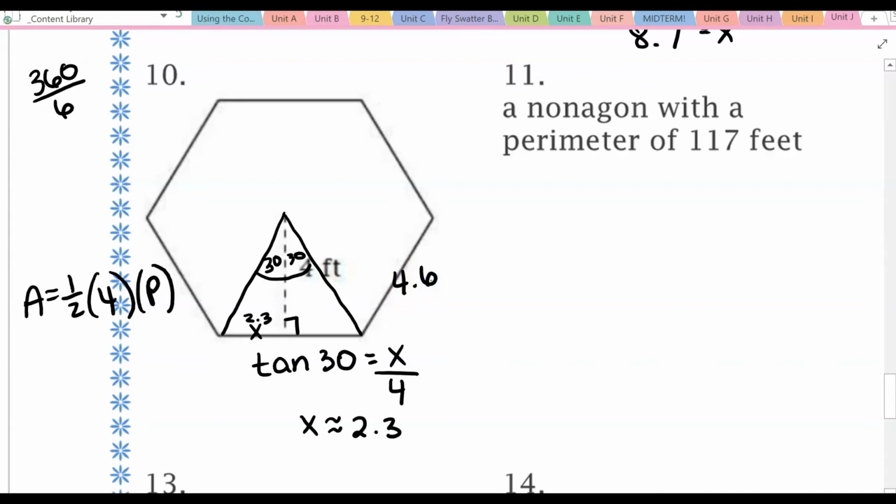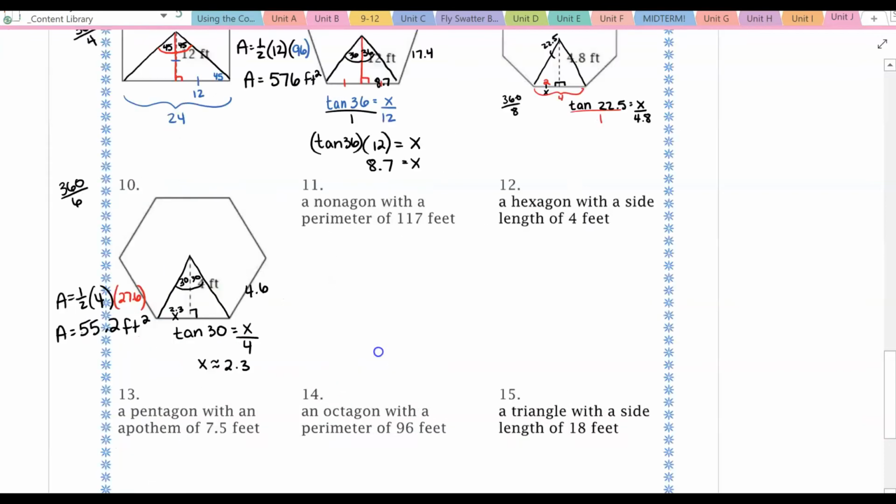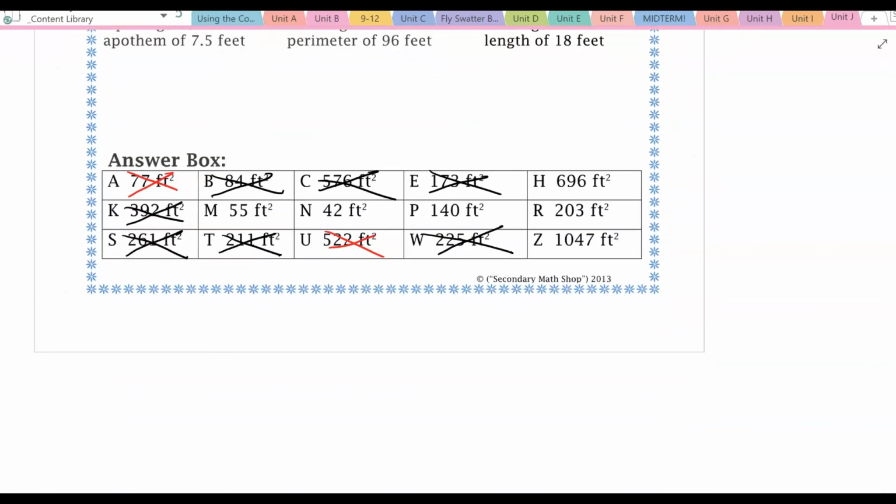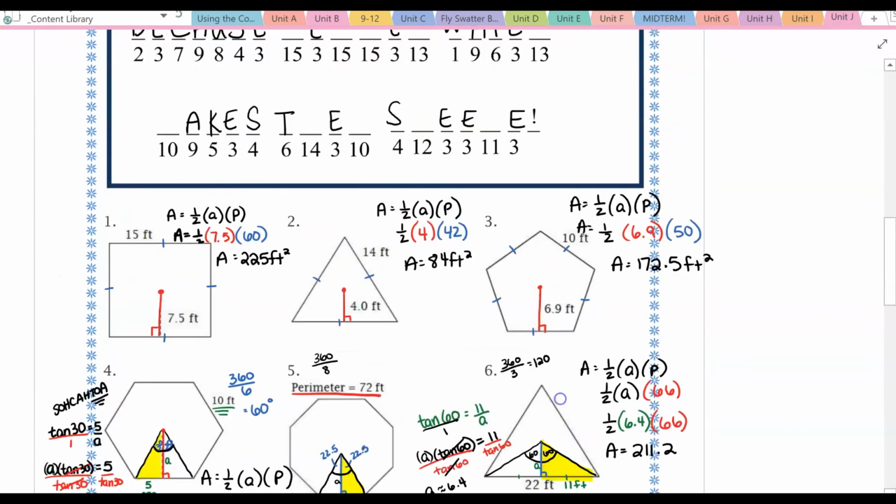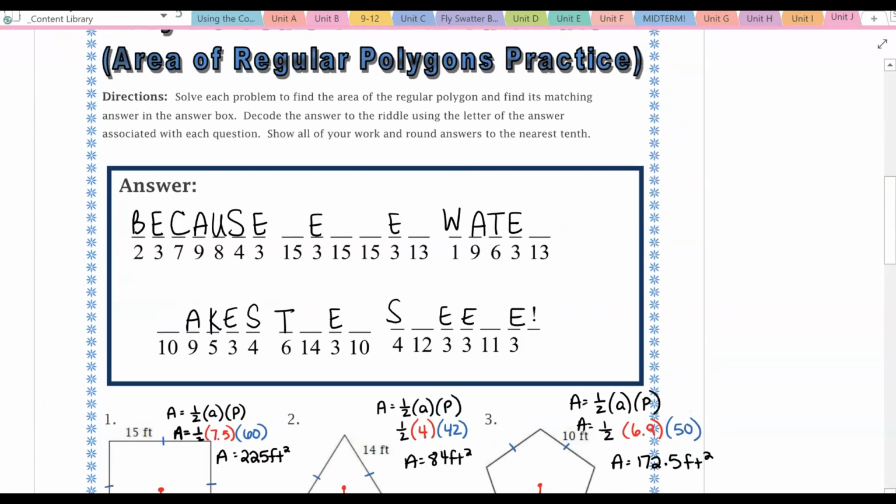And if there are 6 sides worth 4.6, we have a perimeter of roughly 27.6. Multiply that by our apothem of 4 times a half, and we have an area of approximately 55.2 feet squared. So that's M. So wherever we see a 10, we put an M.